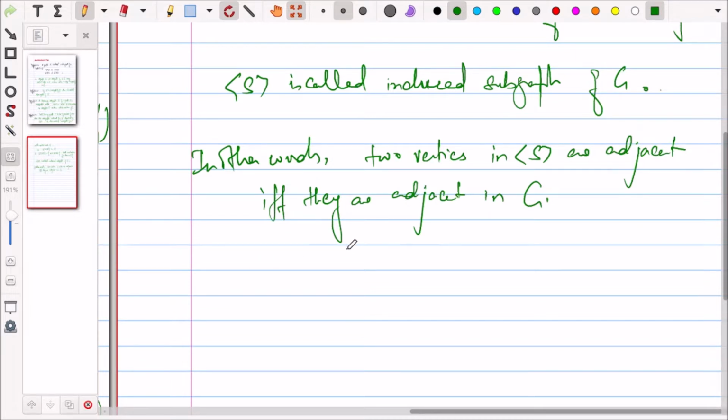So this is what our induced subgraph means. It is the maximal subgraph with vertex set S. Maximal means we have no extra edge left that we could include in the subgraph, right?